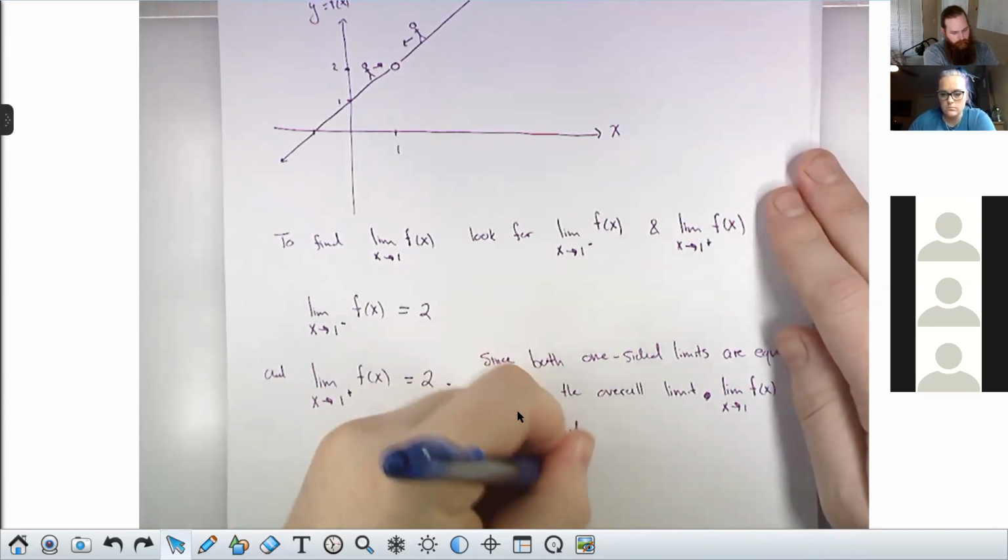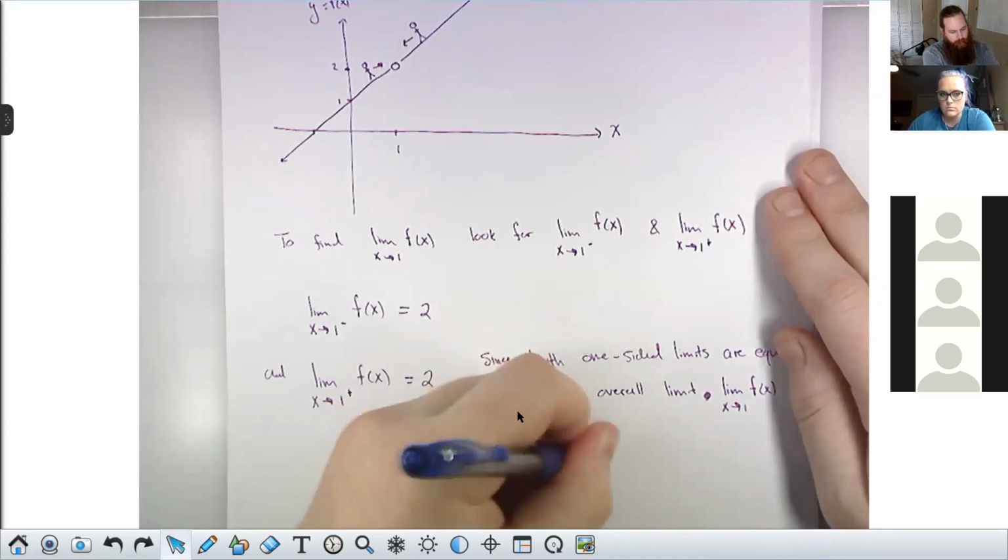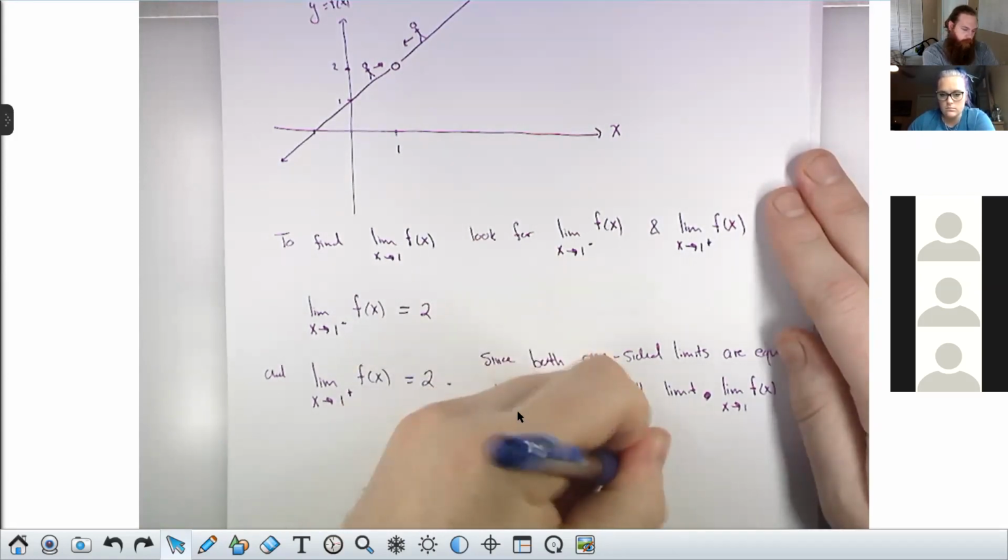And the limit as x approaches 1 of f of x is equal to 2.